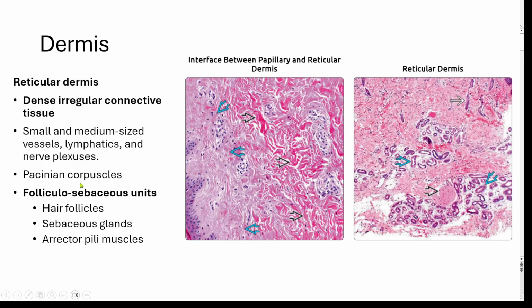On this image of the reticular dermis, we can see the arrector pili muscle, the erector pili muscle. There are multiple adnexal structures, which are the eccrine and apocrine glands in here. And of course, they have their projections up there with the hair follicles.